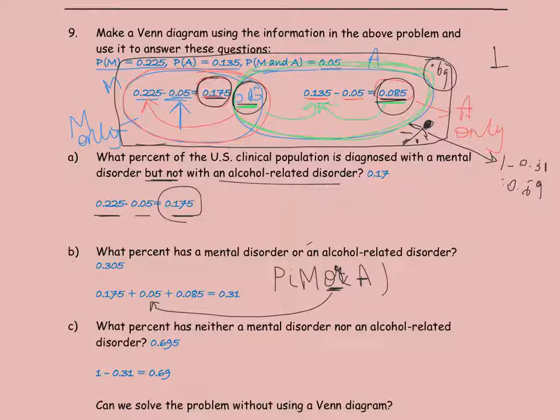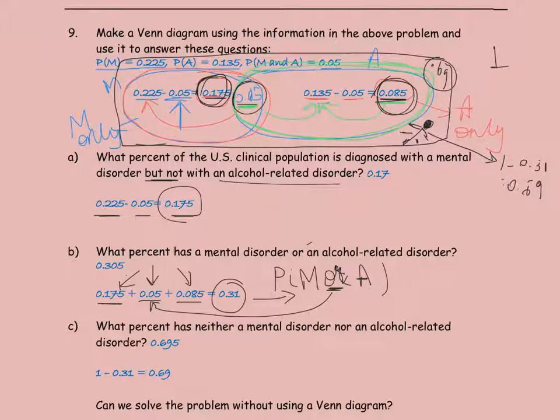So the probability of mental disorder or alcohol related disorder is the sum of 0.175, 0.05, and 0.085. So we've made sure that the overlap was not counted twice, because we figured out the probability of mental disorder only, alcohol disorder only, and then of course the probability of both, and that would give us the probability of mental disorder or alcohol related disorder.